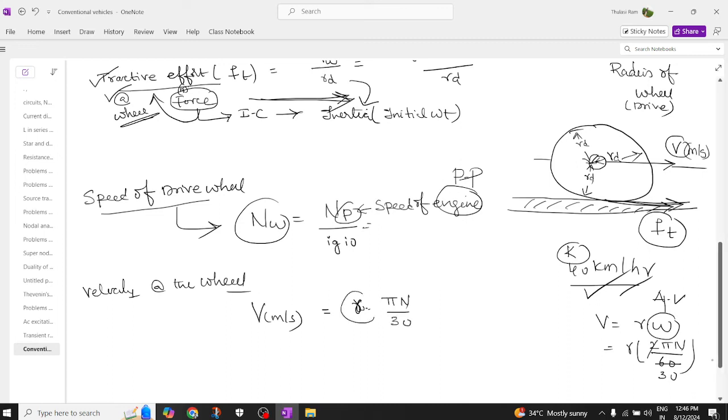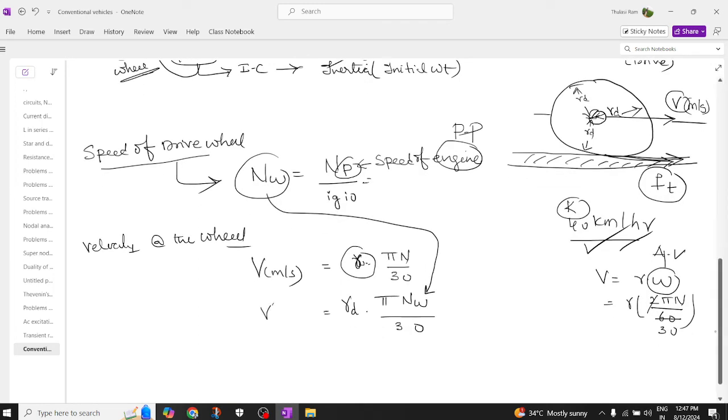What is the radius of the drive wheel? It is Rd multiplied with pi into the speed. What is the speed at the drive wheel? Nw divided by 30. When you substitute, we have calculated the velocity developed to propel the electric vehicle, in meters per second.